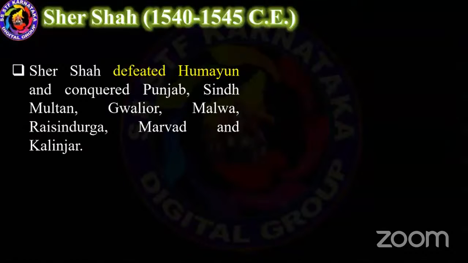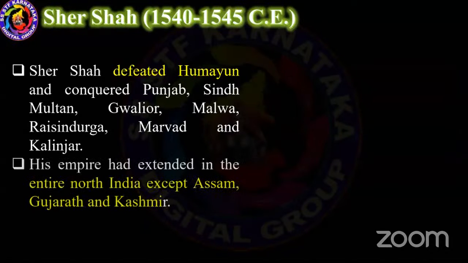According to his plan, he succeeded in defeating Humayun and conquered Punjab, Sindh, Multan, Gwalior, Malwa, Raisen, Marwar, and also Kalinjar.